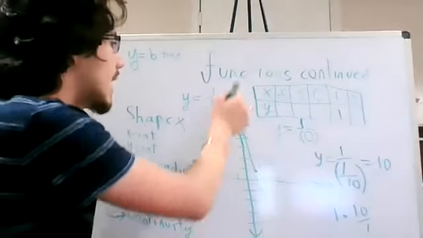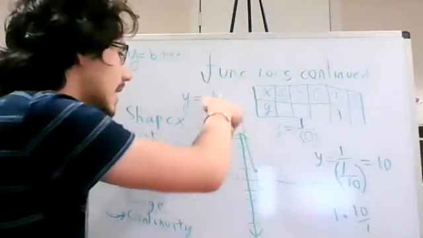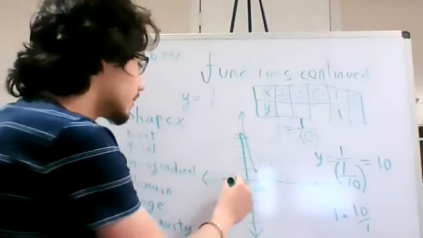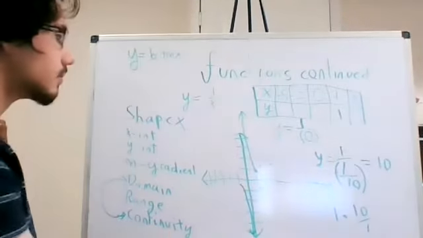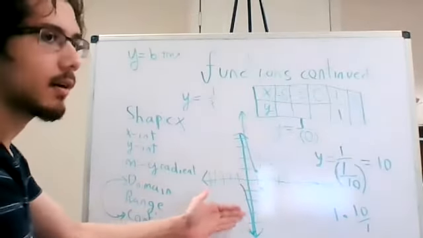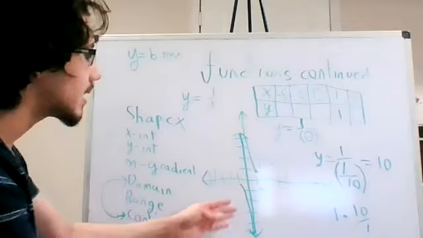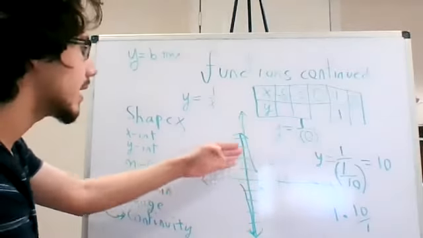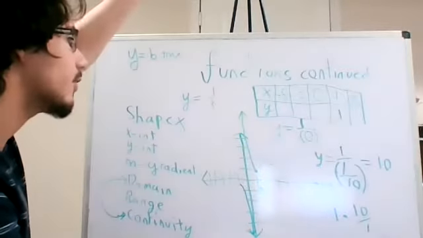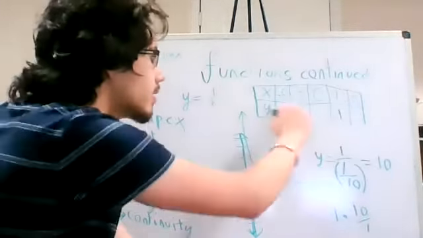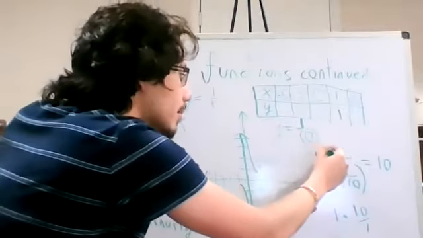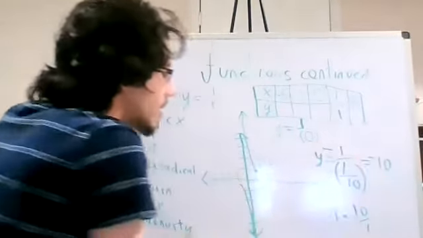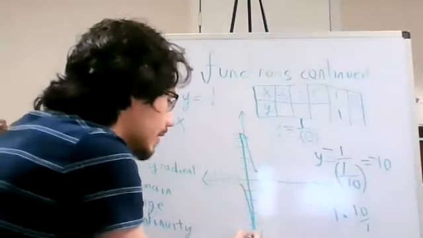So from the negative side, it'll just go down forever too. So now we have a problem, because from the positive side, as we get closer to 0, it increases forever, and from the negative side it keeps going down forever too.